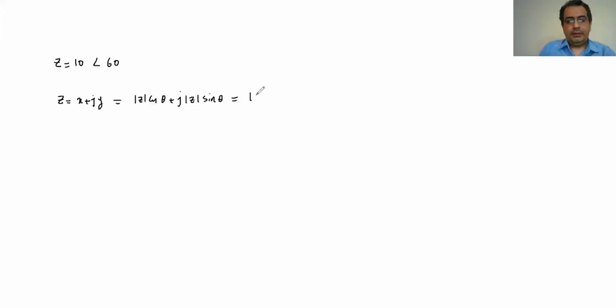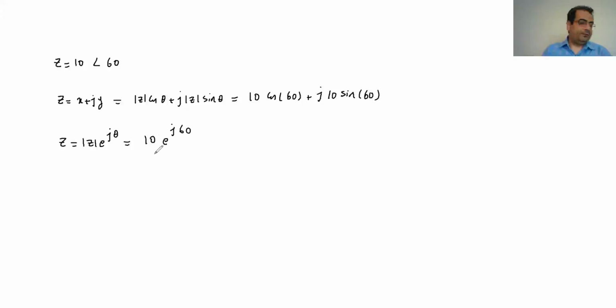So it's going to be 10 cosine 60 plus j 10 sine 60. So it's one way that I can write it as the rectangular form. To write it in the exponential format, it is going to be z e to the j theta. So the magnitude of z I know is 10. So it's going to be 10 e to the j 60.